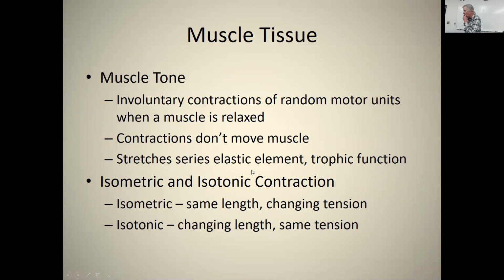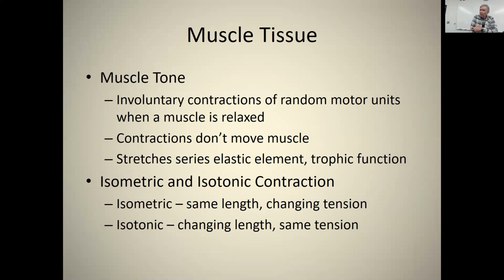Okay, muscle tone. Involuntary contractions of random motor units when the muscle is relaxed, and this comes from the cerebellum. This is called muscle tone. There's a program coming from your cerebellum going to your muscles and contracting muscle cells in a random way.